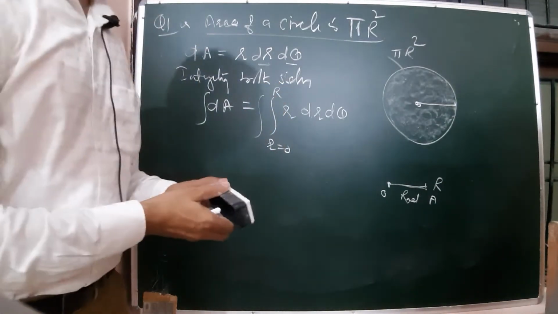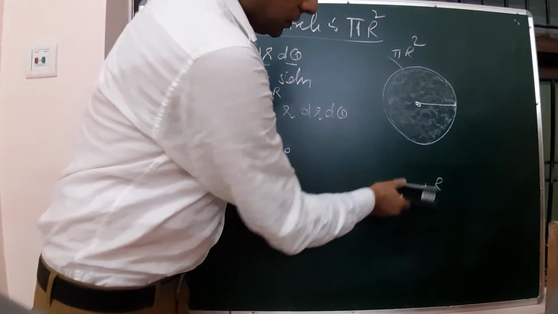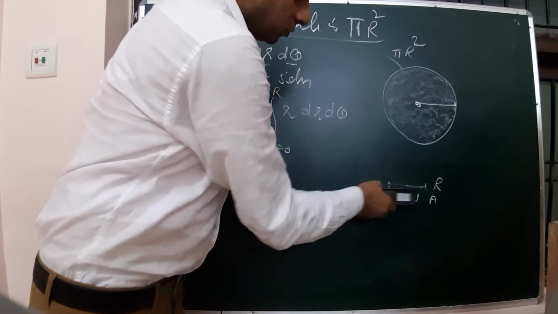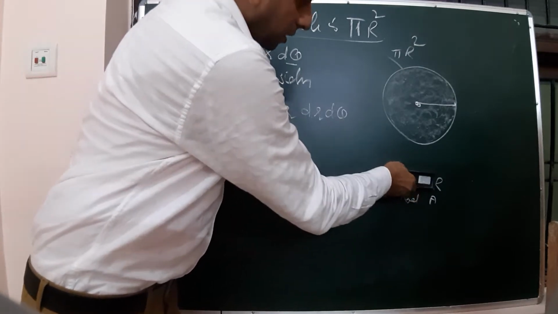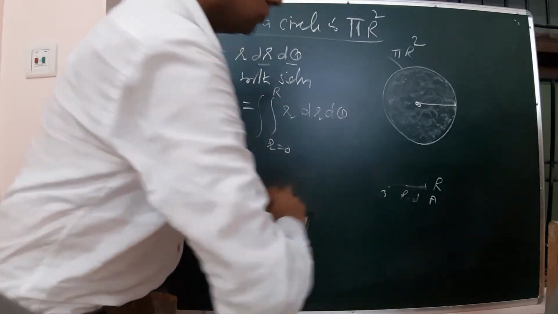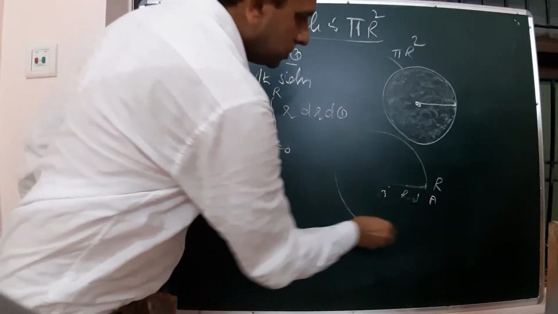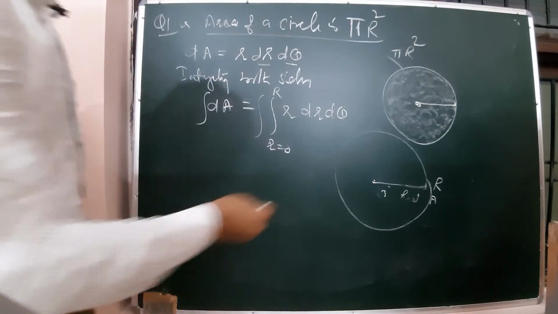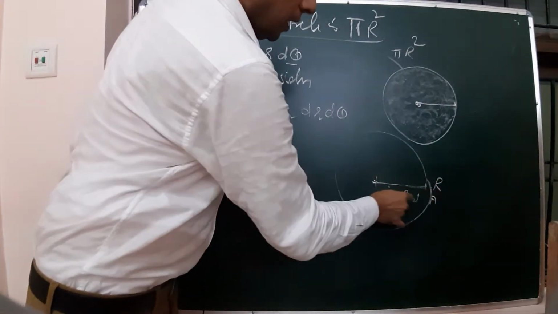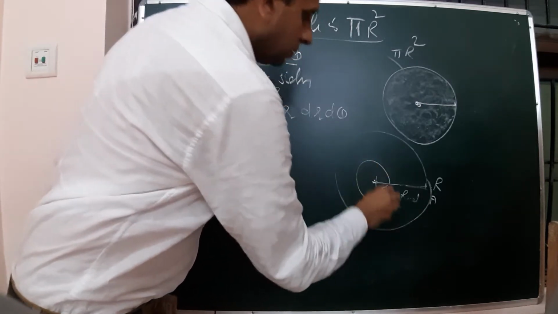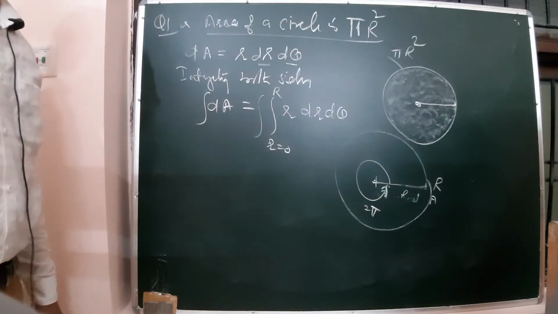And what is theta? We will extend or sweep this r from O to A up to an angle of 2 pi. So, we will get the circle. So, this is the formation of a circle basically by using 0 to r as the r variable, then 0 to 2 pi as the theta variation.